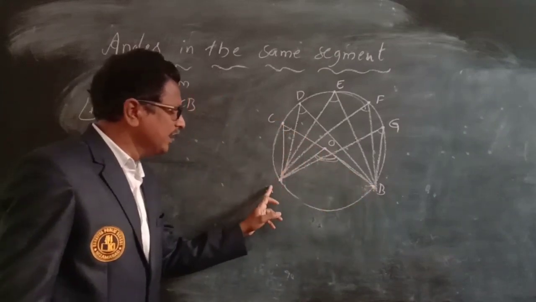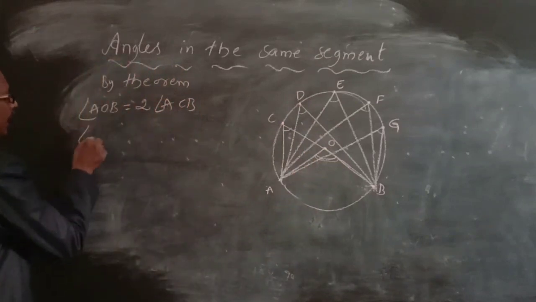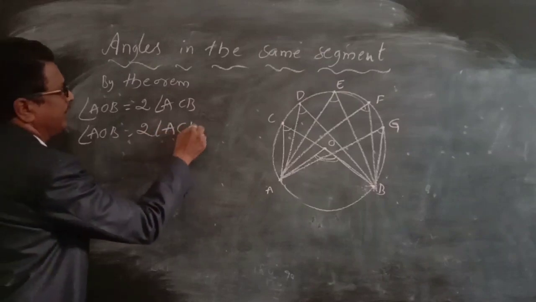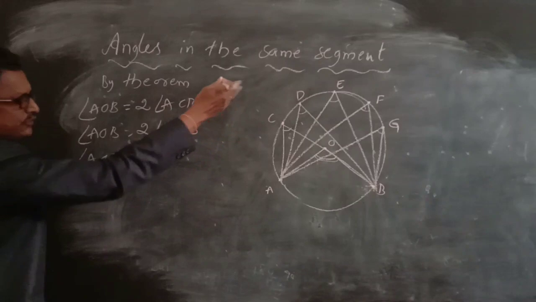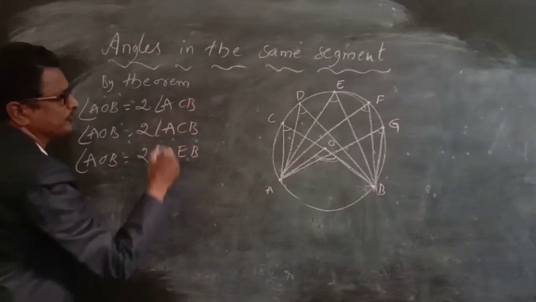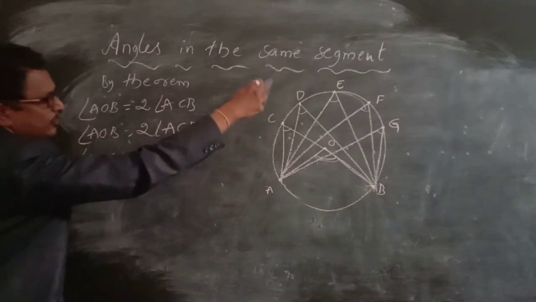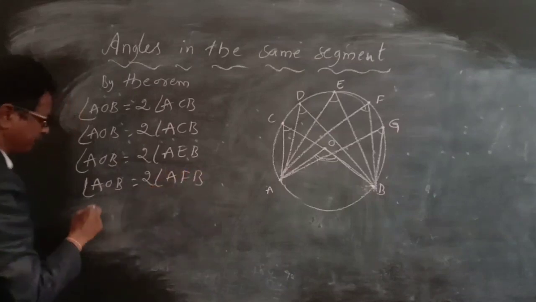Same as angle AOB is equal to 2 angle ADB. And angle AOB is equal to 2 angle AEB. Angle AOB is equal to 2 angle AFB.